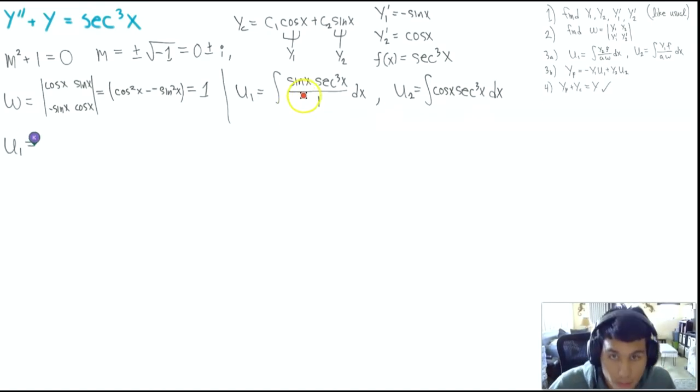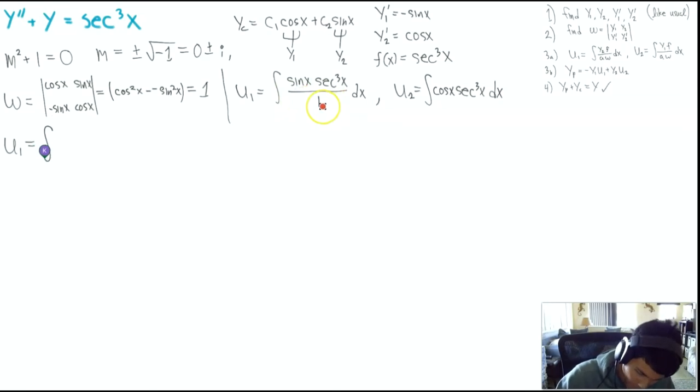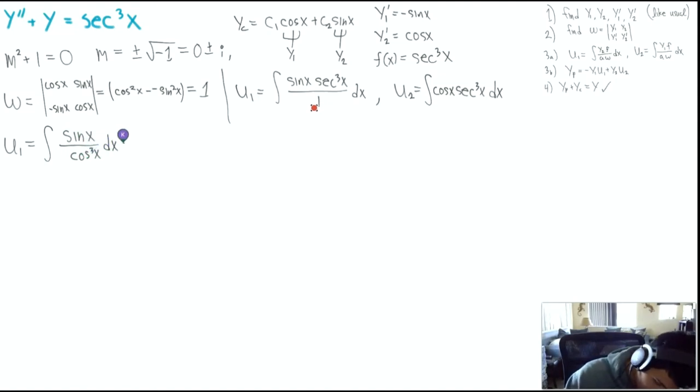So sine and secant, this is the same thing as saying sine x over cosine cubed x dx, which is the same thing as saying tangent x and secant squared x.